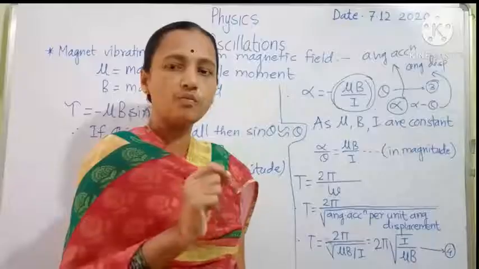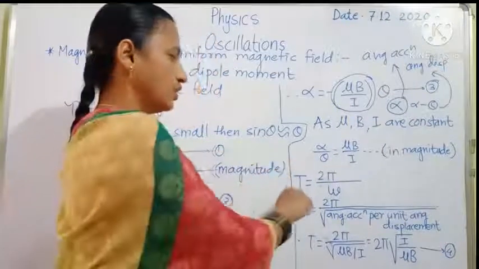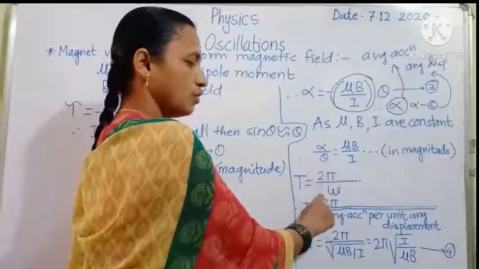The period of vibration of the magnet is T is equal to 2 pi upon omega.